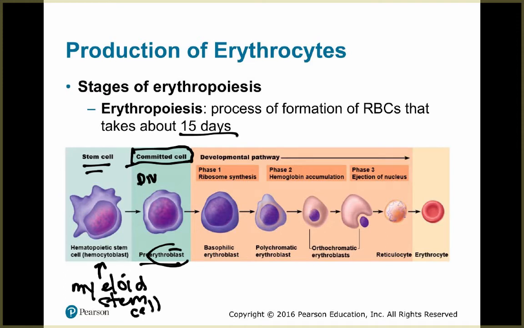At this point, you can see that they have a nucleus here, right? So they're going to divide a lot, and essentially they're going to be made into what's called a basophilic erythroblast. And these guys basically synthesize a lot of ribosomes because we want to make a lot of proteins to get ready to essentially form these red blood cells.